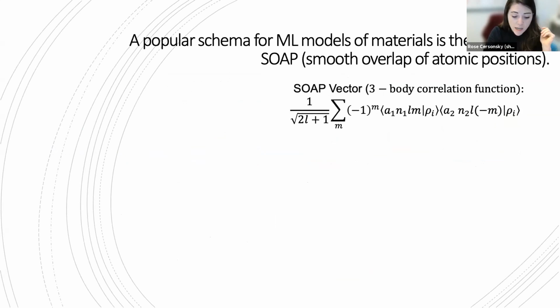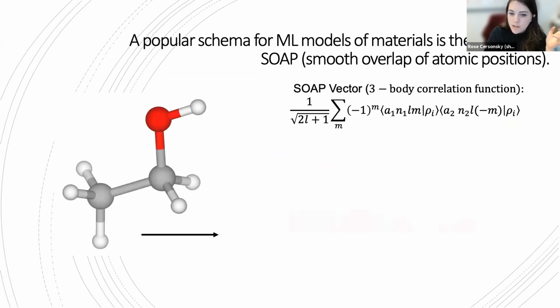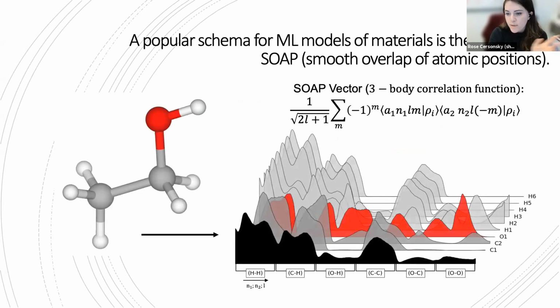Specifically, if we were going to take a three-body vector for ethanol, for example, this is what it would look like. It is expanded over many radial and angular channels, but essentially, sitting on a singular atom, you look at all of the three-body relationships considering the central atom, and you're able to take histograms over certain radial and angular channels for each of those.